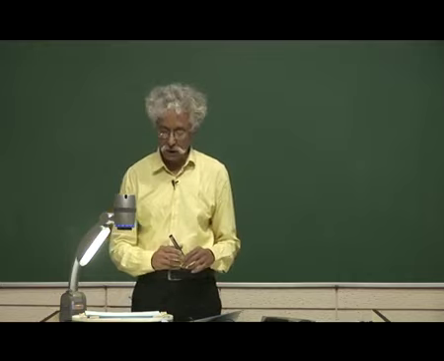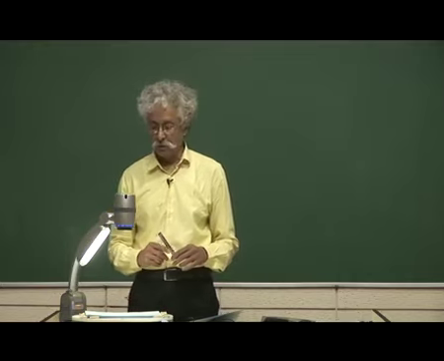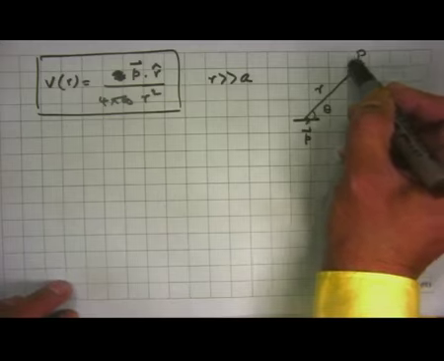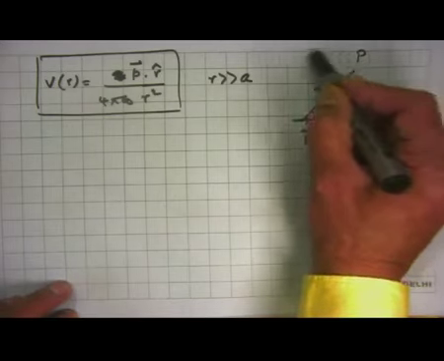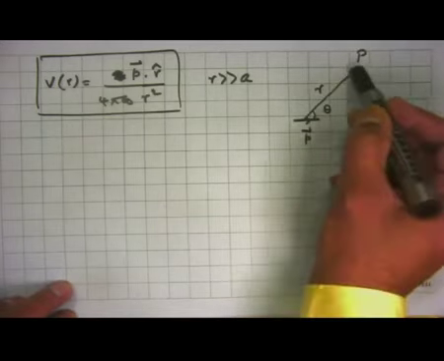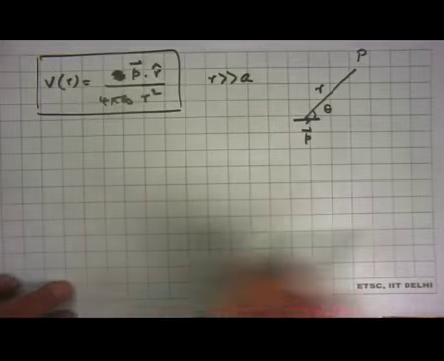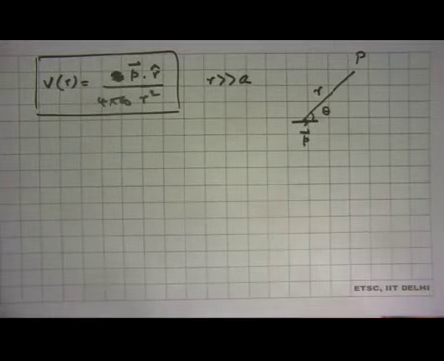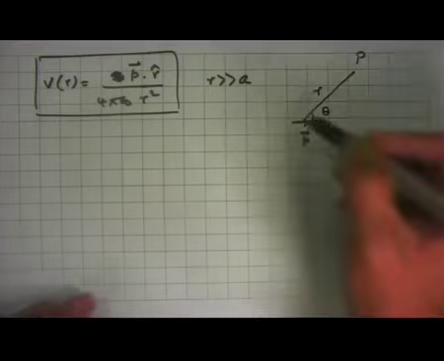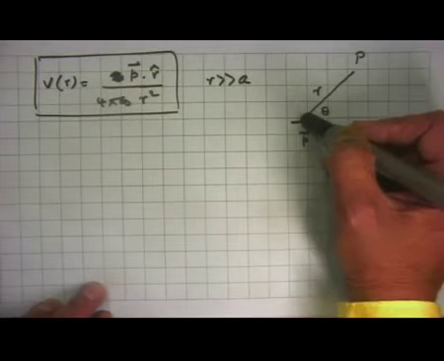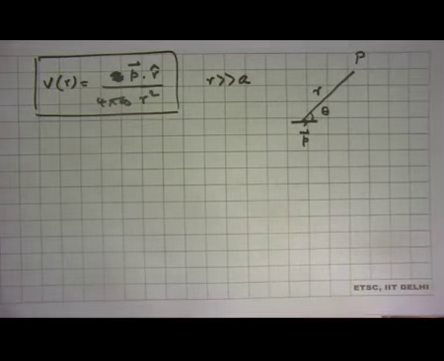If I move along a path with r constant, theta changes, r remains constant, but P dot r cap will change, and so the potential will change. So, the potential depends not only on the distance of the point from the dipole, but also on the angle made by this line with the dipole axis.